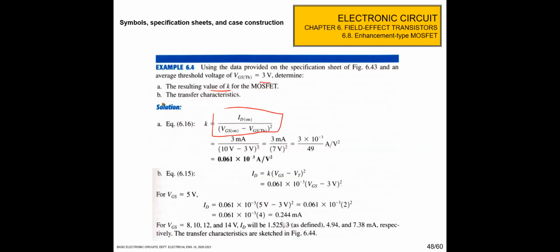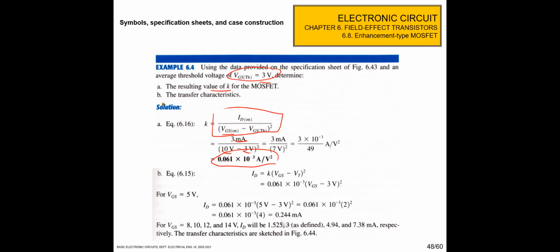So we can see here ID on is 3 milliampere when VGS on is 10, and VGS threshold is 3 volt here. We can see that K is this one, 0.061 multiplied by 10 power of minus 3 ampere per volt quadrat.